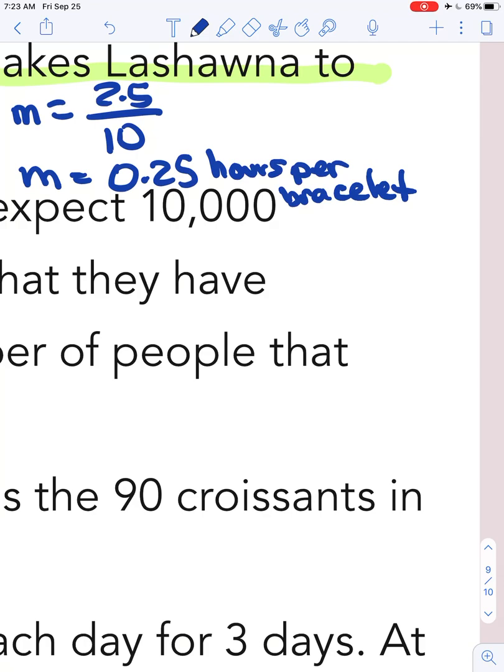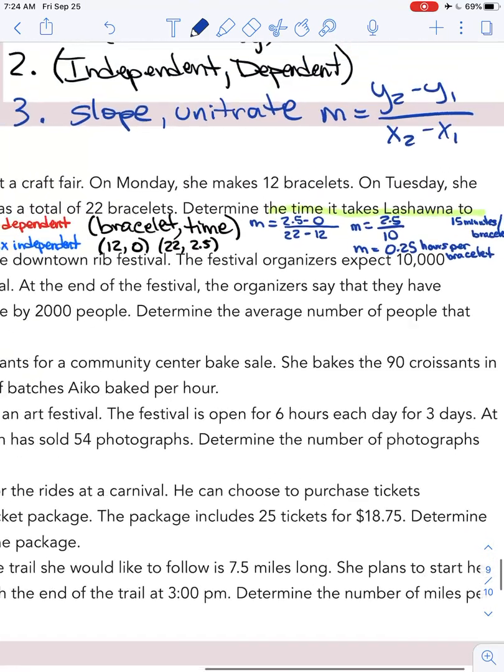If you had multiplied it by 60, you would have noticed it's 15 minutes per bracelet. Now, I would have accepted either one of the answers, but the more appropriate answer would have been 15 minutes per bracelet.